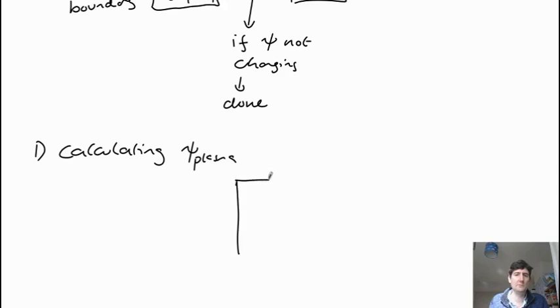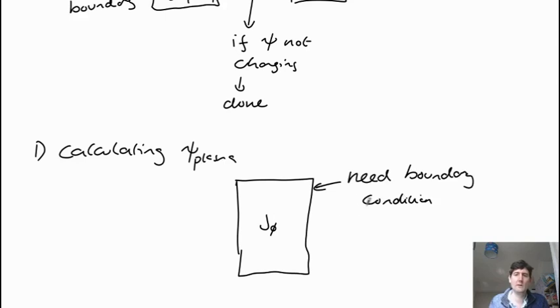So we have some domain, so it's usually rectangular but doesn't need to be, where we have J. We know what J phi is everywhere here, and we need to somehow calculate psi plasma. And we're solving an elliptic equation, which means we need boundary conditions. So we need some kind of boundary condition on here. But because we're not fixing the shape of the plasma, we don't know what that should be.